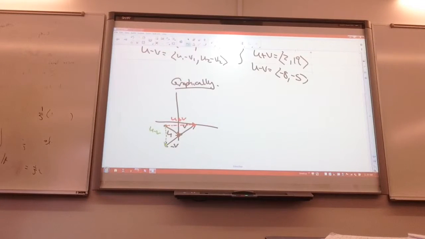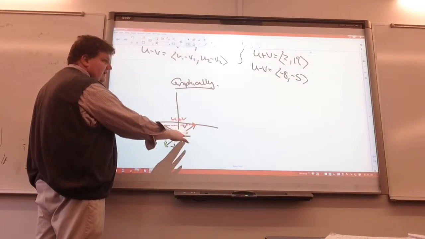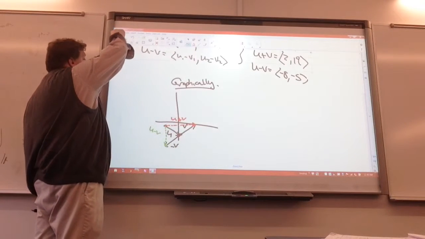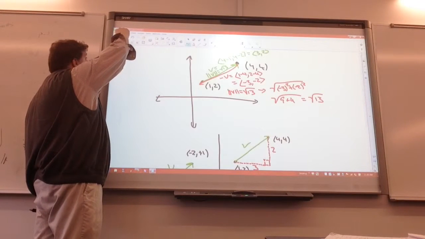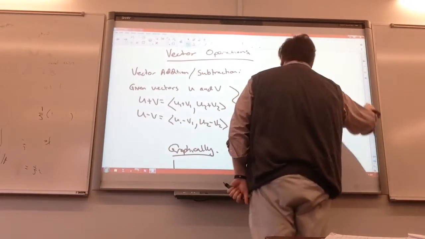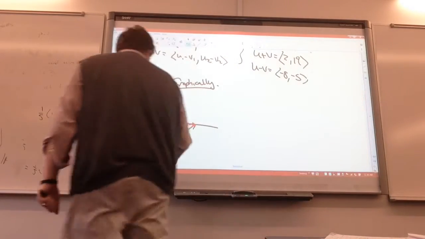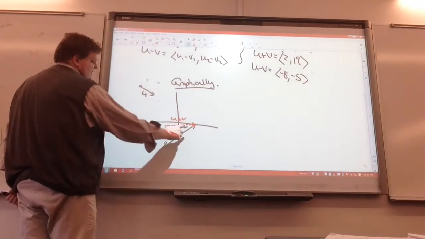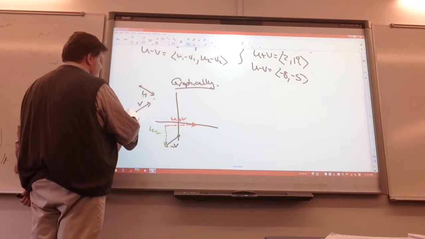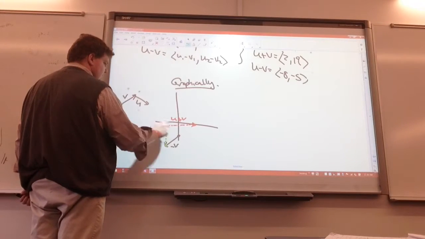By the way, we did u then v. Notice how it's not going to really matter. Here's u, here's v. If I did v first, then u, it would still fit in there.